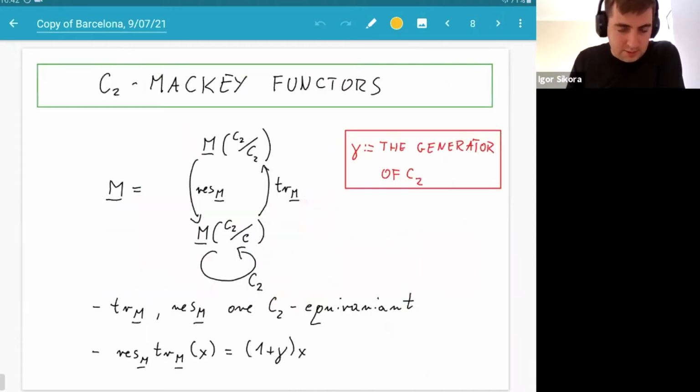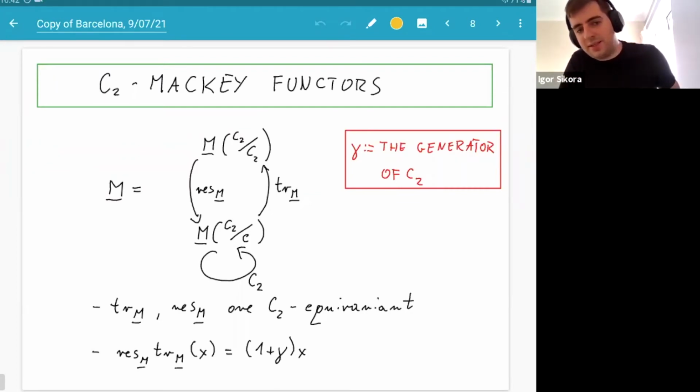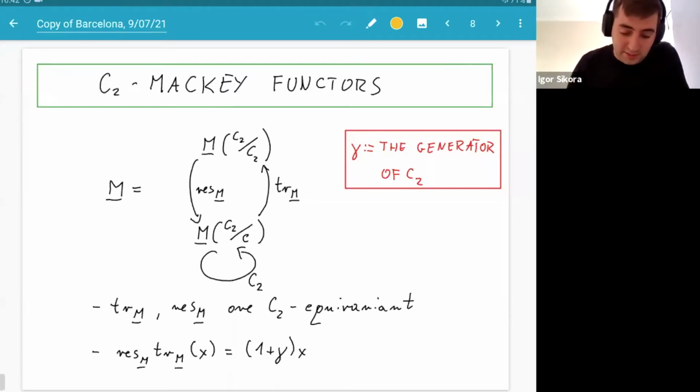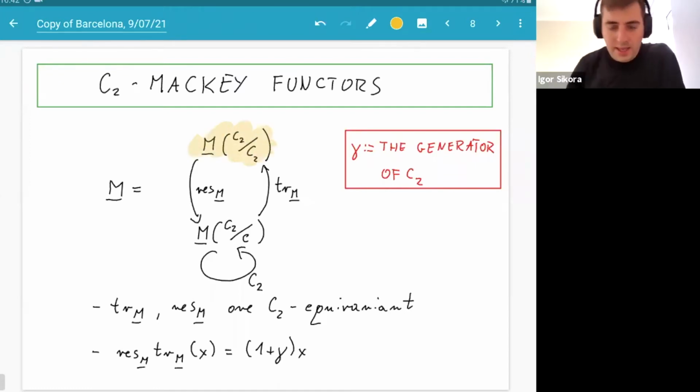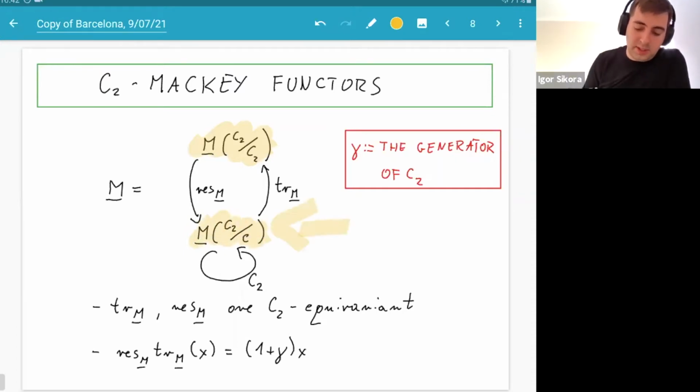So since these are going to be our main object of study, let's say something about C2 Mackey functors. I'm pretty sure most of you already know this stuff, but C2 Mackey functors have a particularly simple structure, because a C2 Mackey functor is just given by two abelian groups, one on the C2 level and one on the e level, where the abelian group on the bottom level may have a possibly non-trivial action of C2.